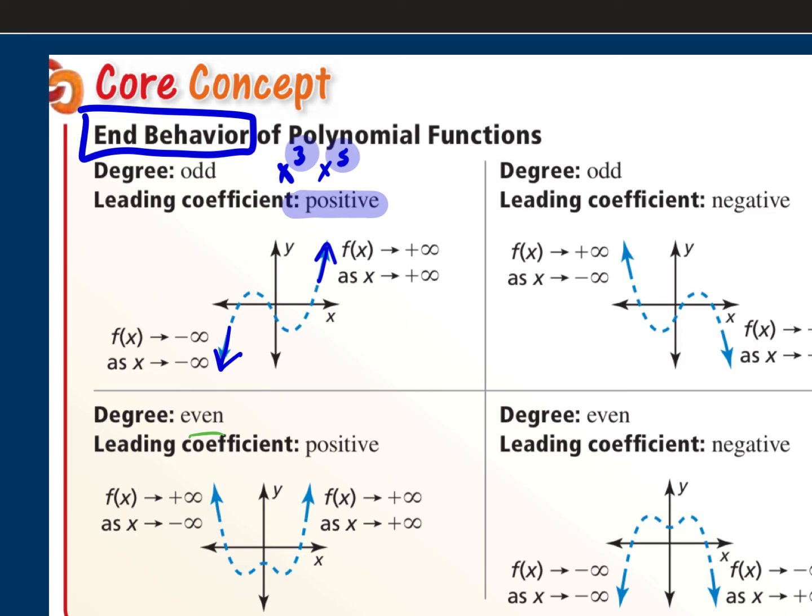It uses this as notation, like f of x goes to infinity as x goes to negative infinity. You could say that the left falls and right rises. Because the left arrow is going down, we just say that it falls. Right arrow goes up, so it rises. Or you could say falls left, rises right.